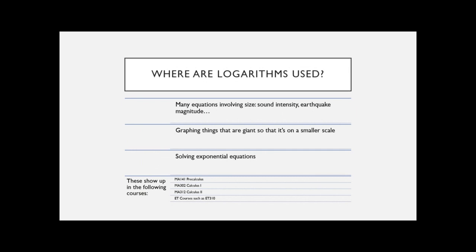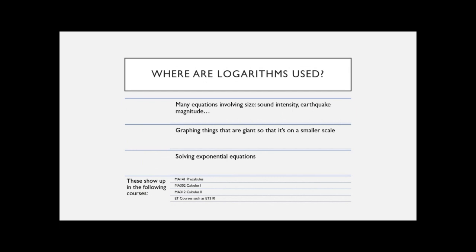You hear about earthquakes that are a 2.0 versus a 4.0, and a 4.0 is not twice as bad as a 2.0. These are base 10, so it's actually 10 to the fourth versus 10 to the second. It's 100 times bigger than a 2.0. So that's another place where logarithms are used.